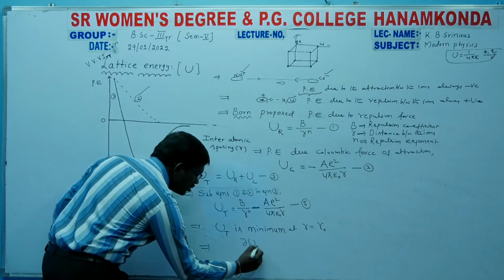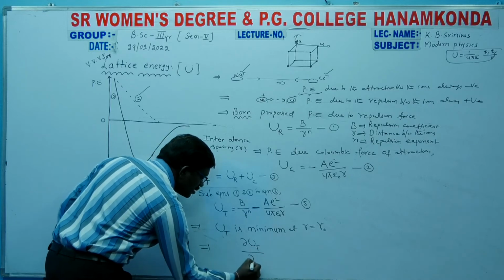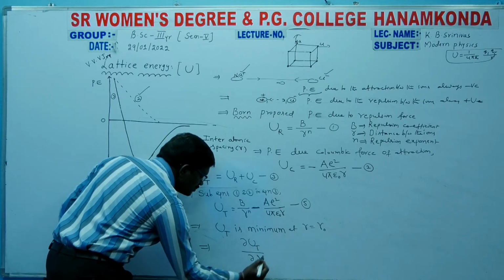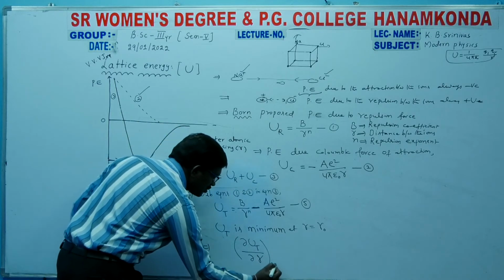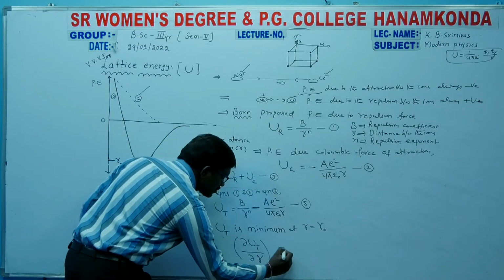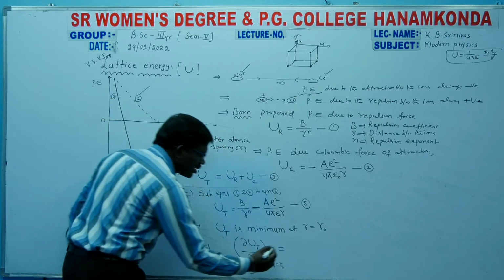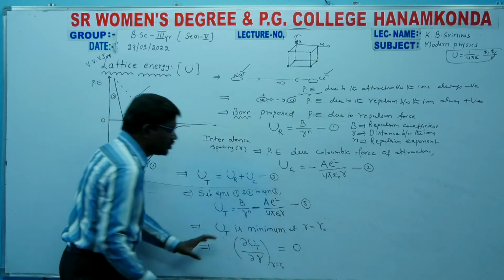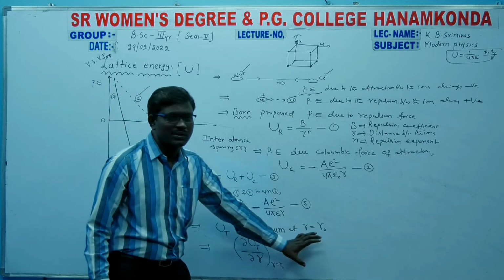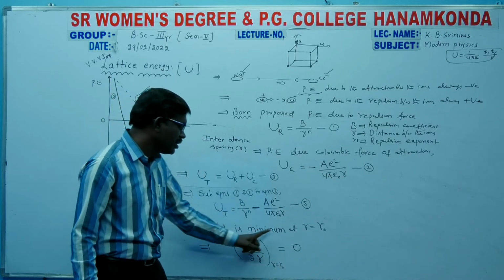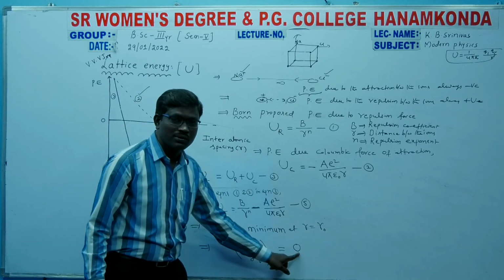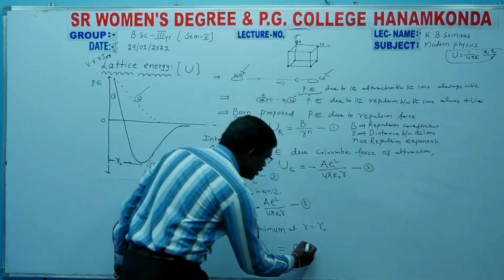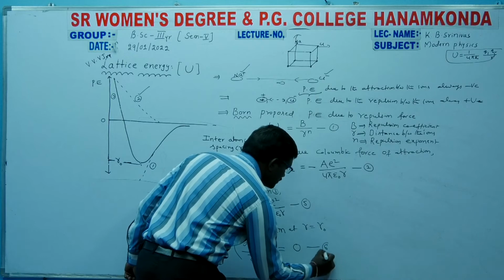That is dou UT by dou R at R is equal to R naught equals 0. Simply I am using a condition in mathematics. When a given value is minimum, its first derivative becomes 0. Let this be equation number 6.